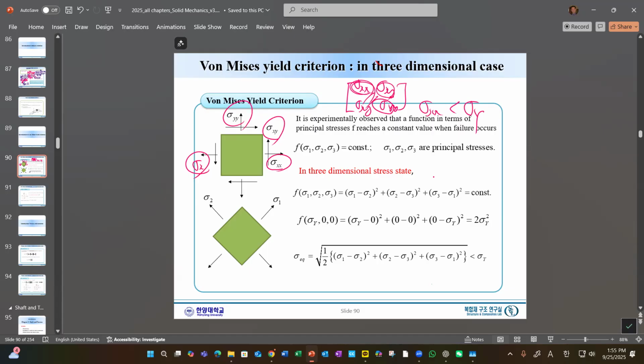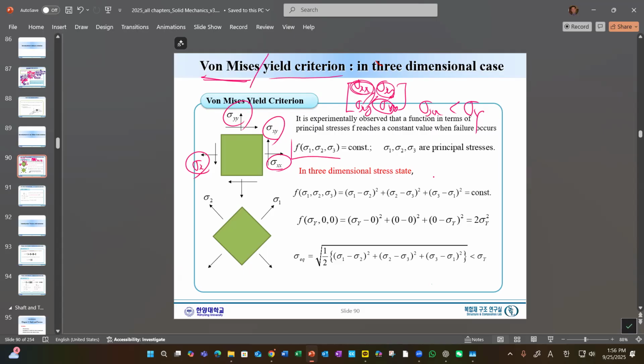Well, a long time ago, people were trying to come up with certain rules and certain equations, by observing the material behavior. And then finally, we got a very famous and very important theory. Okay, this is a theory, the Von Mises yield criteria.